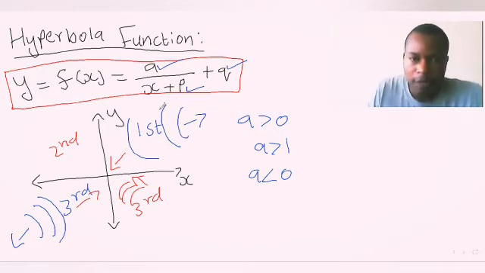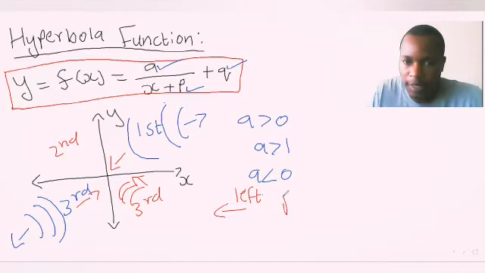P in itself would be the horizontal shift. So you are essentially moving your graph left or right. So if P is greater than 0, so that's a positive P, then you are shifting your graph to the left.